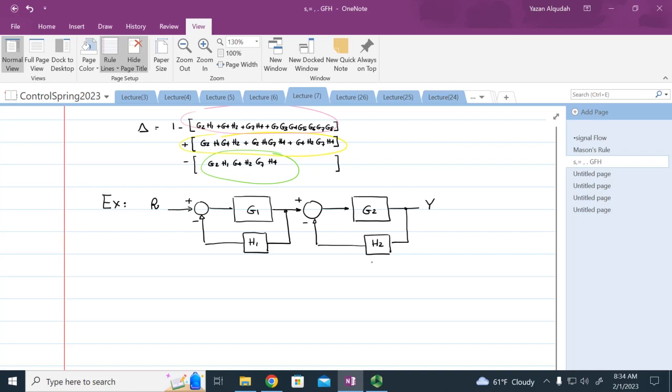How else? With block diagram reduction. We're going to convert it to one block. But how? What is the trick here?